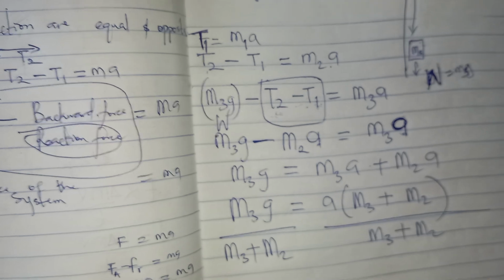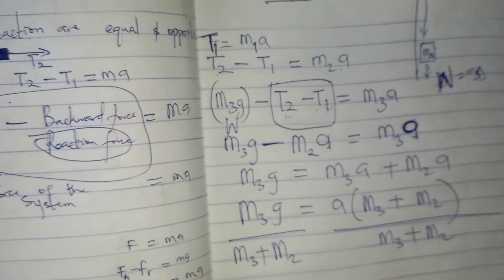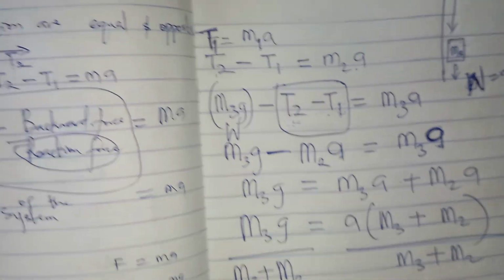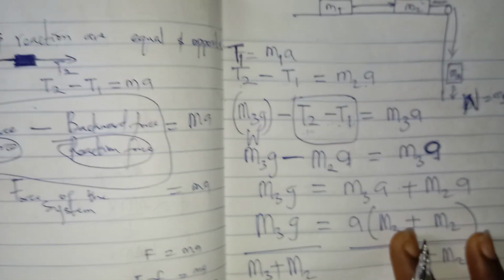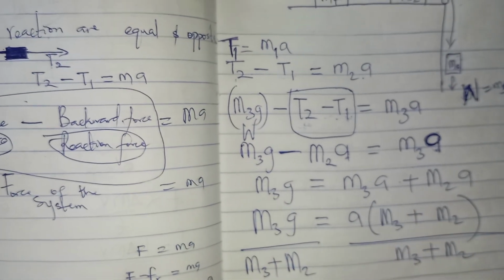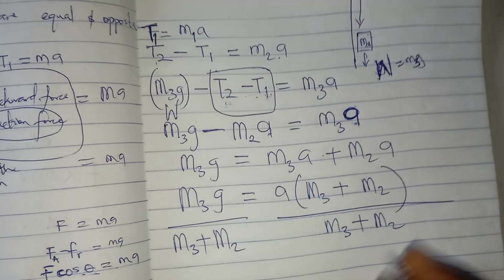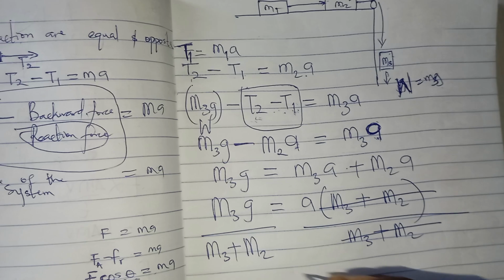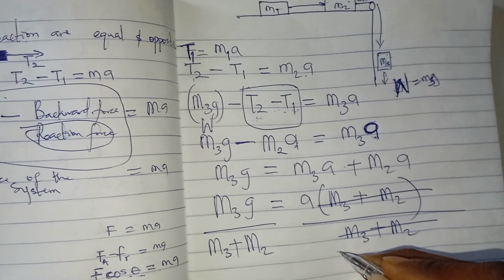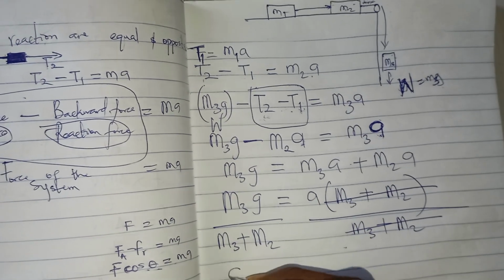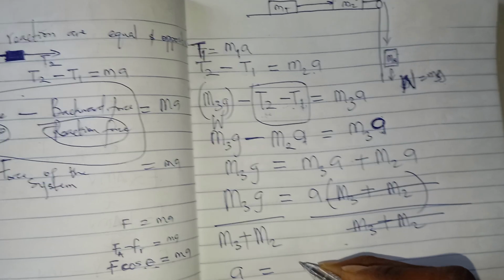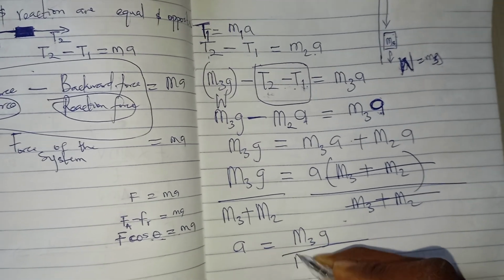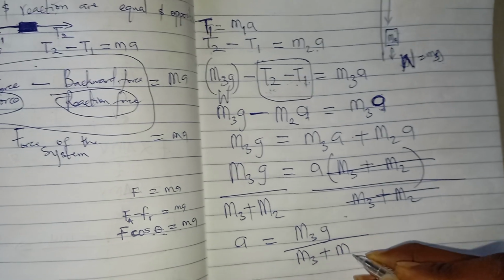So you can see that this is the same thing as saying, let this divide this. So I have A is equal to M3G all over M3 plus M2.